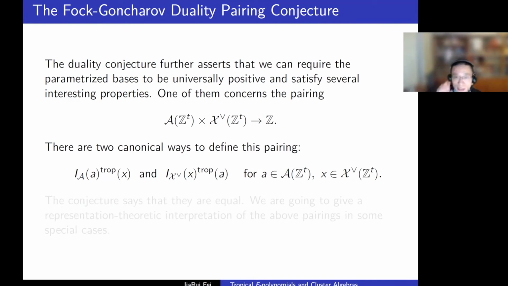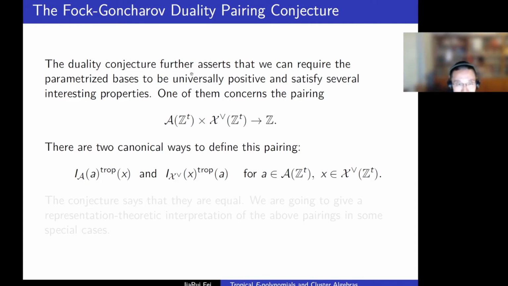Maybe the last application is about the Fock-Goncharov duality pairing conjecture. In the beginning, I stated the duality conjecture. Here is a duality pairing. So what is this? This is the extended part of the duality conjecture.